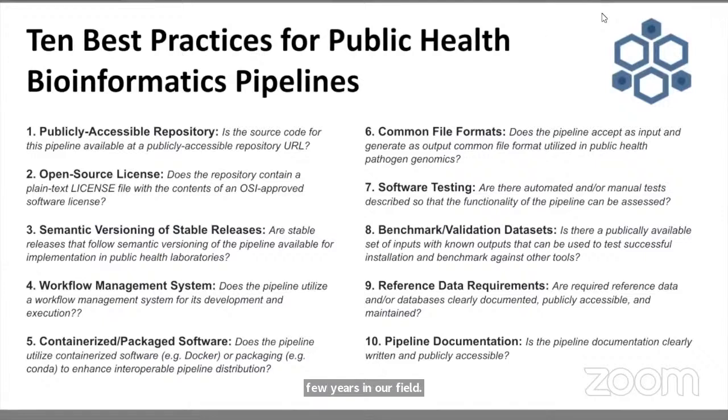But if you feel that we're either missing something crucial or maybe that one of these practices is unreasonable for public health bioinformatics pipelines, you can share feedback directly to our group through that same GitHub repository. So for the rest of my talk today, I'll be diving into each of these to provide a bit more context on these practices and their impact on public health bioinformatics pipelines.